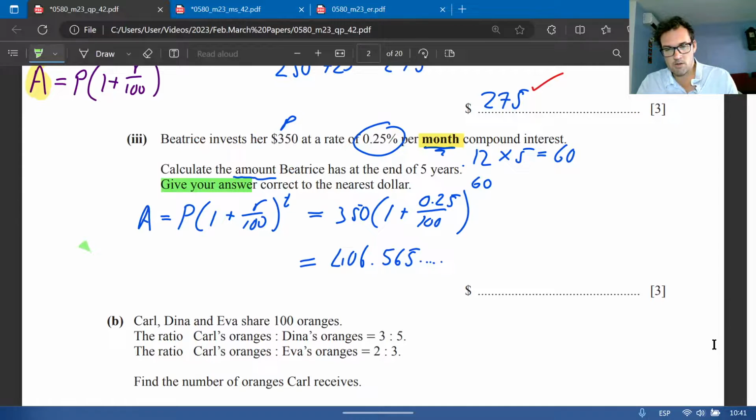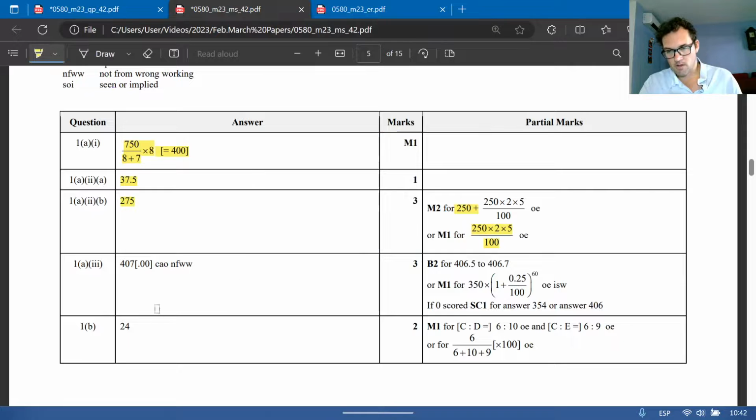Give your answer correct to the nearest dollar. That is going to count for the mark. Nearest dollar is like the nearest whole number, which is 406. We need to cut it off there. But because there's a 5 next to the 6, we need to round it up. 407.